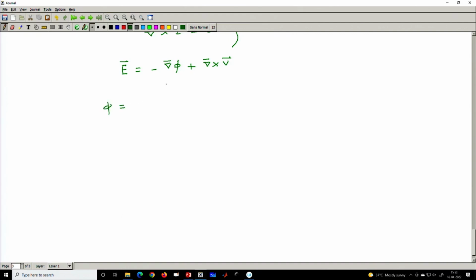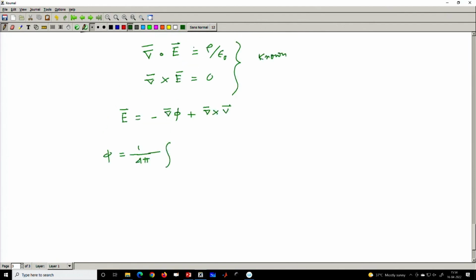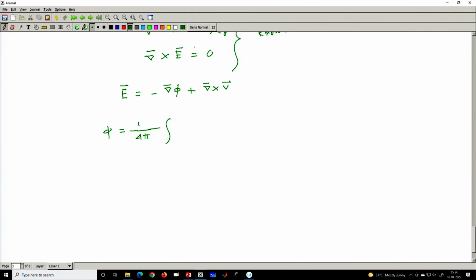My phi according to this is 1 by 4 pi integration of whatever the divergence I am having, so divergence of E, divided by the modulus of r minus r prime, dv prime.